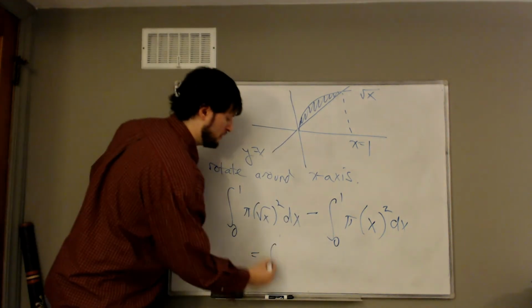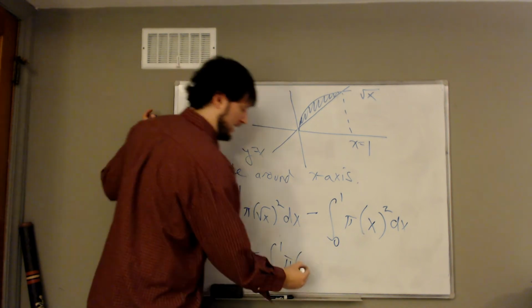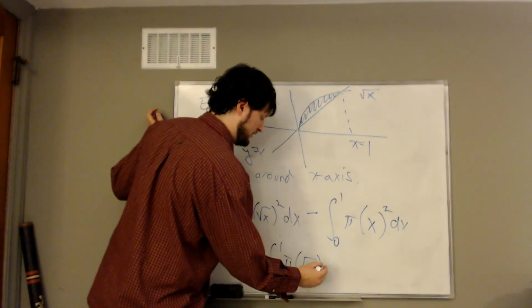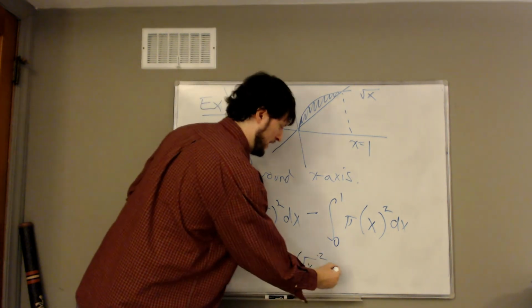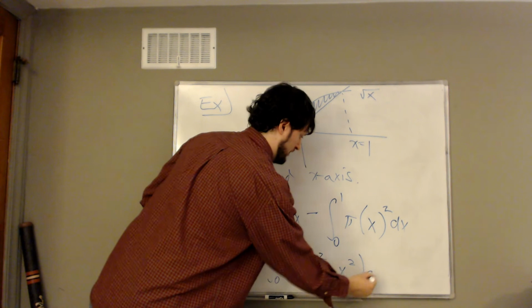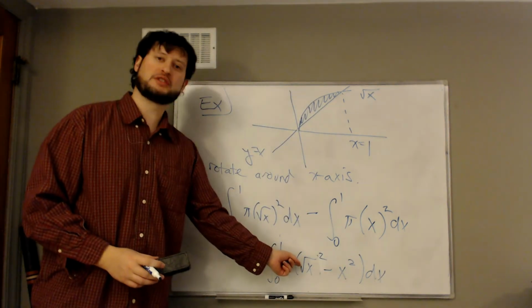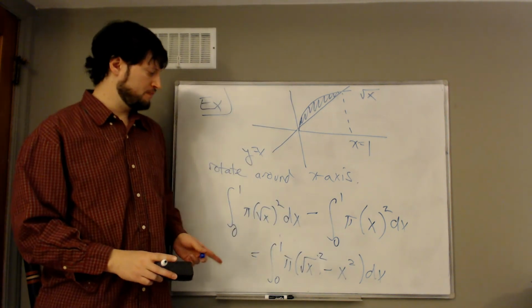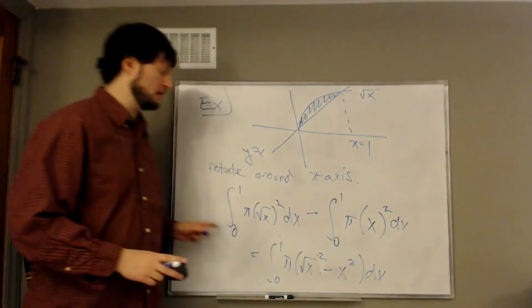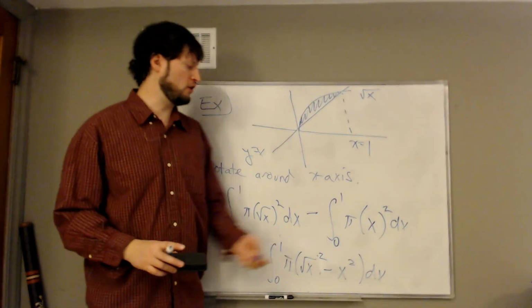This can be written as the integral from 0 to 1 of pi times square root of x squared minus x squared dx. You can think about it as top function squared minus bottom function squared, or you can think about it as our original description, finding the first volume and then subtracting off the second volume.